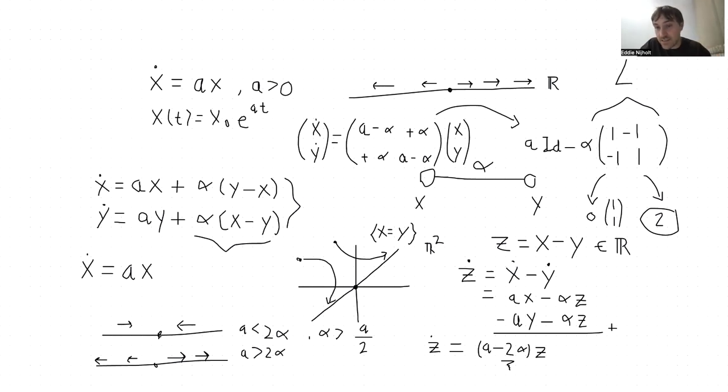So the Fiedler value, or Fiedler eigenvalue, as it's also called, is going to be smaller, which means synchronization is harder. If, on the other hand, your network is better connected, then this number will be bigger. And that means that synchronization will be easier, right? Because then alpha only has to be bigger than A divided by a really big number.